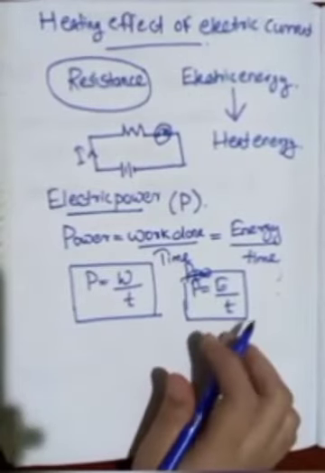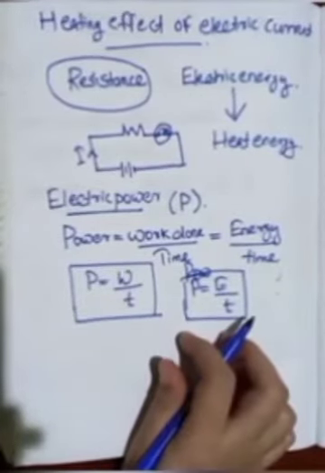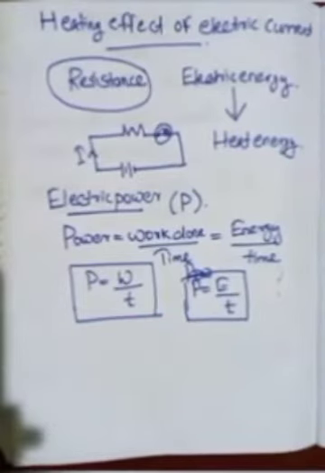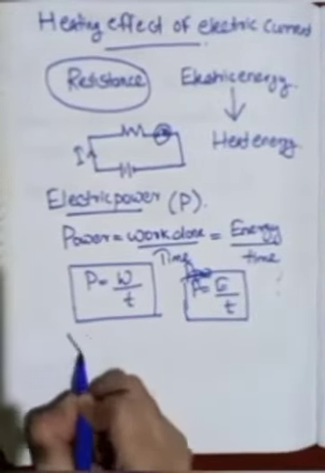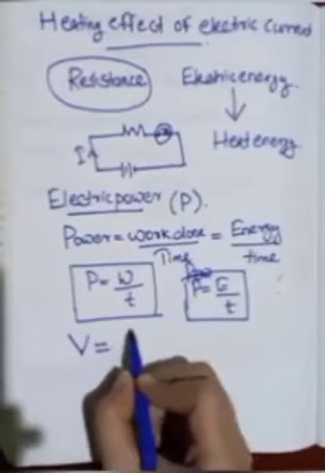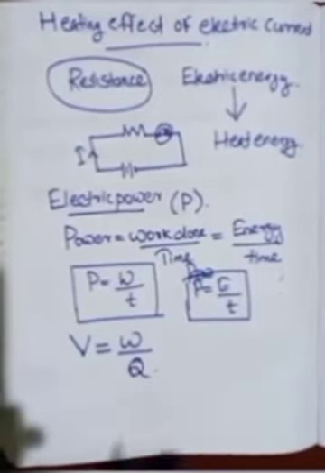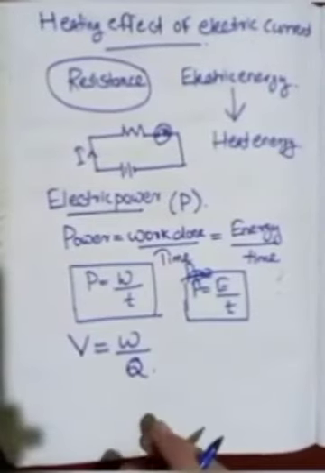We know the equation for potential difference. We have studied it in the previous class. What is the equation for potential difference? Potential difference V is equal to work done by charge. Do you remember this equation?